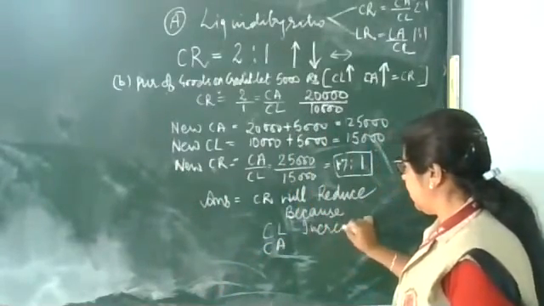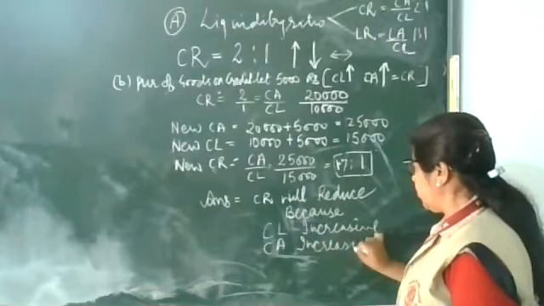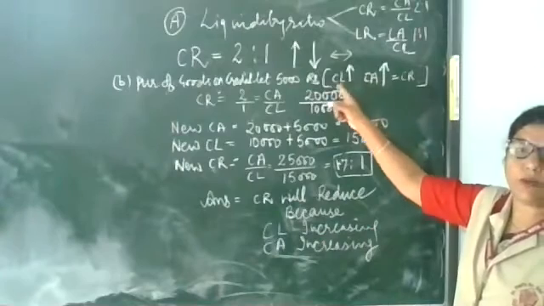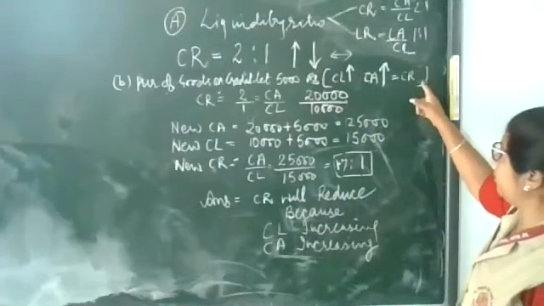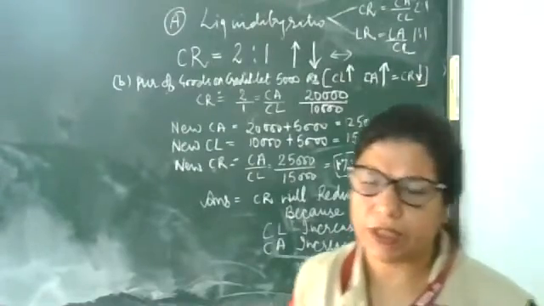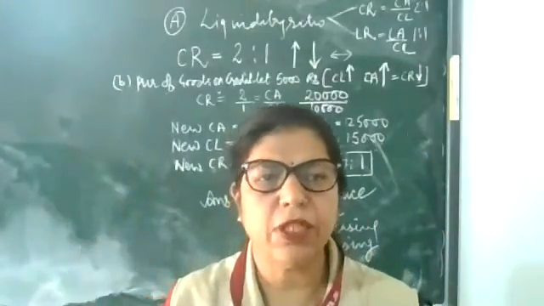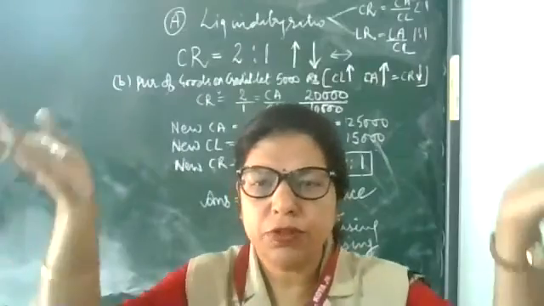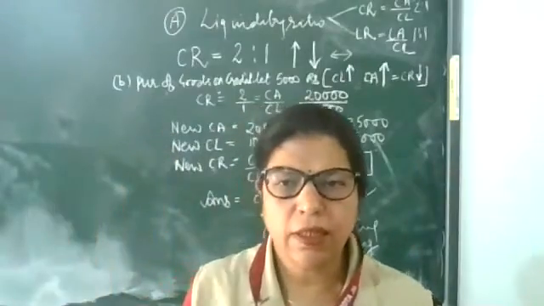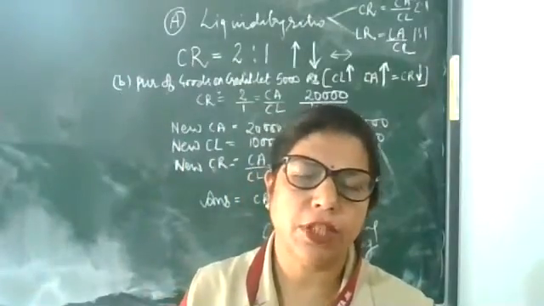So the conclusion is, when CA and CL both increase, current ratio will decrease. See, there is always a reverse relation. In the previous example, current assets and current liabilities both were decreasing, then the current ratio improved. In the second case, current liability is increasing and current assets are increasing. When both are increasing, the current ratio will decrease.